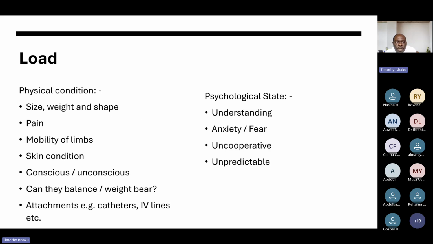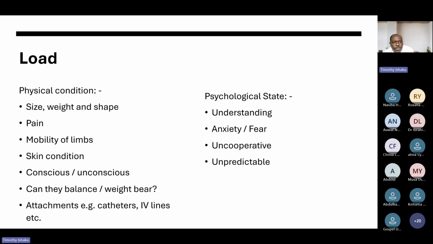And the load, we are talking about the patient. The load can also be non-patient, but here we are talking about the patient: their size, their weight, their shape, all those things. But the load can also be not the patient, whatever is involved.